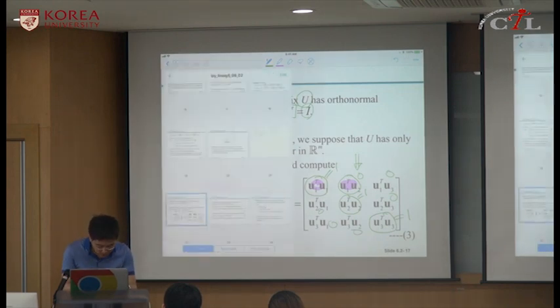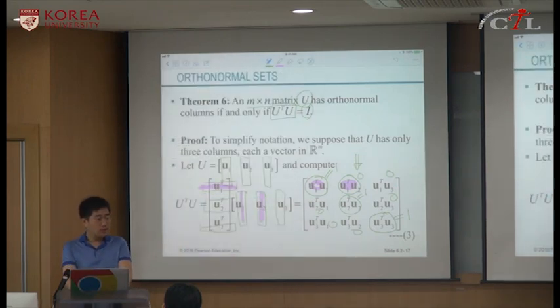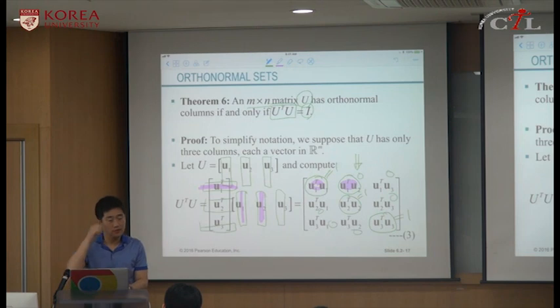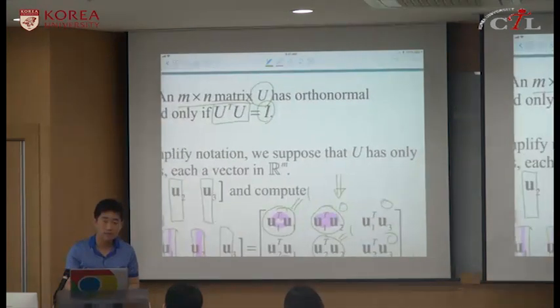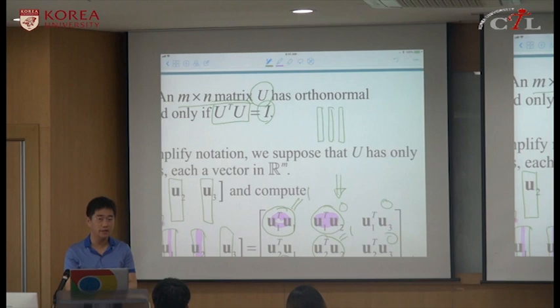Okay, so in this example, let's think a little bit more in terms of the shape of this matrix. The matrix U is just a rectangular matrix having three columns. These three columns are orthogonal to each other, and their length is 1, so they are unit vectors.